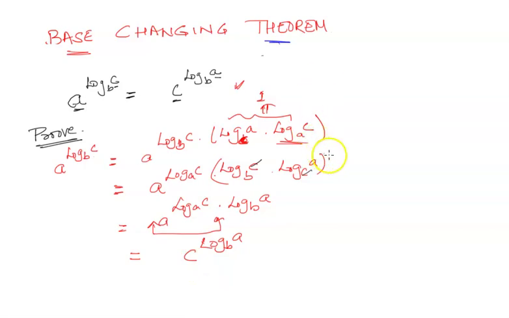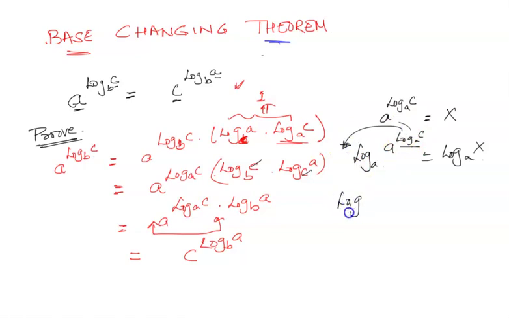So let's say a to the log c to the base a, which is this value, is x. So let's take a log on both sides. So we can say log a to the base a is equal to log x to the base a. Now this is the power within the log, so I can take it out as a multiplier.